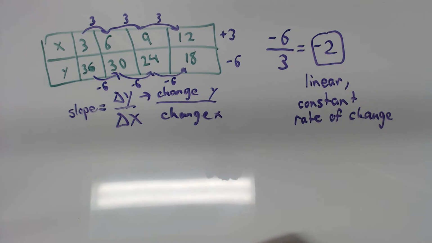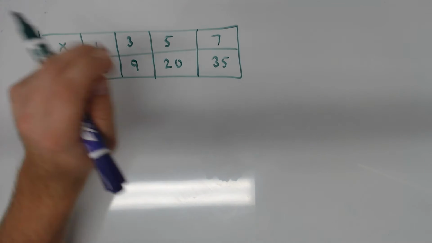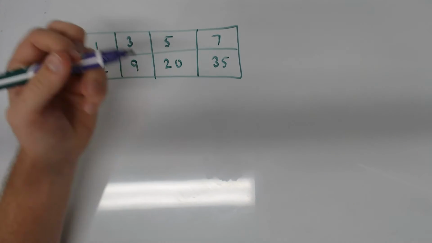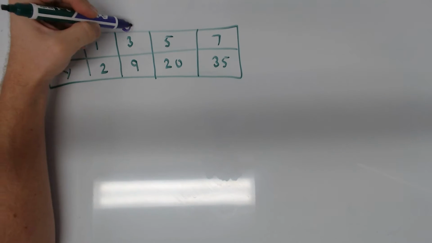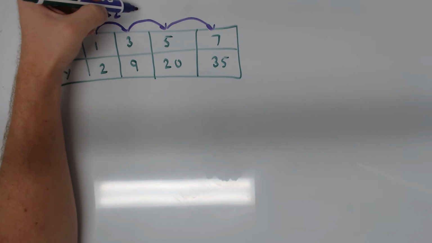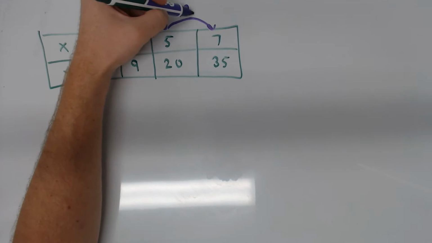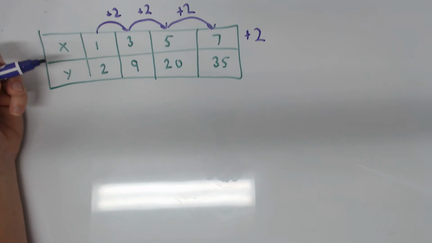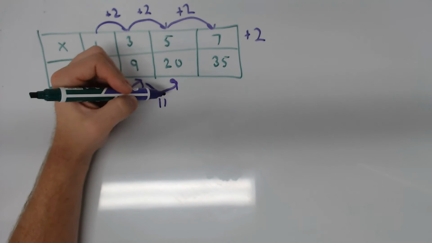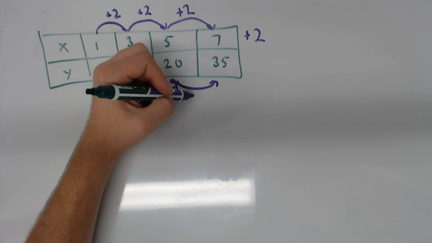Let's look at one more that doesn't work out. Here's another table, and we're going to analyze it the same way we did the last one. 1 to 3 is plus 2, 3 to 5 is plus 2, 5 to 7 is plus 2. So the x looks constant. Cool. 2 to 9 is plus 7, 9 to 20 is plus 11, 20 to 35 is plus 15.